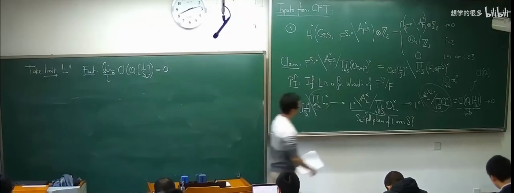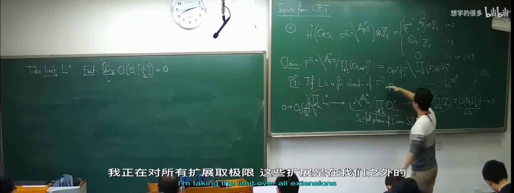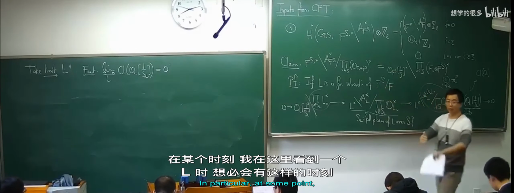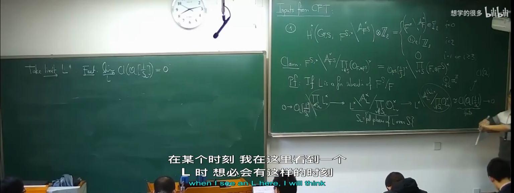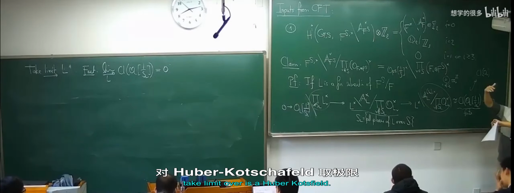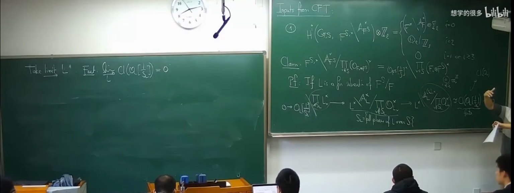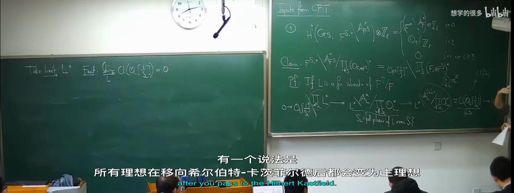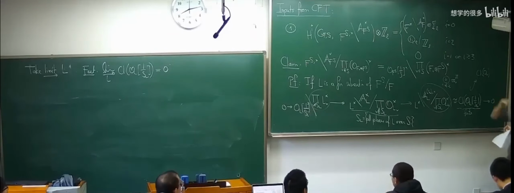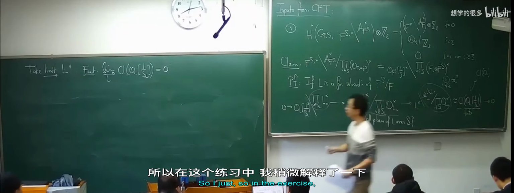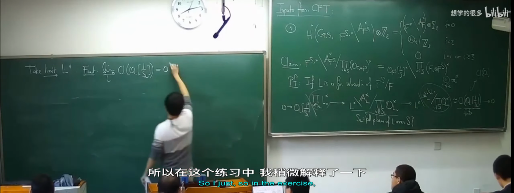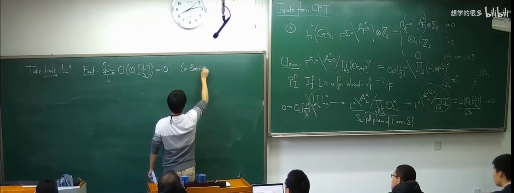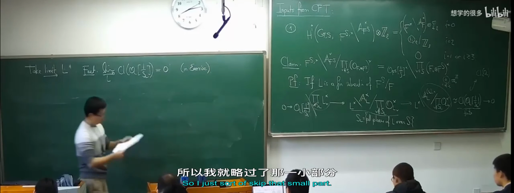The reason being that I'm taking the limit over all extensions that are unramified outside of S. In particular, at some point when I see an L here, I will definitely at some point take the limit over its Hilbert class field. There's a statement that every ideal becomes principal after you pass to the Hilbert class field. So in the exercise I explain a little bit, and I just skip that small part.